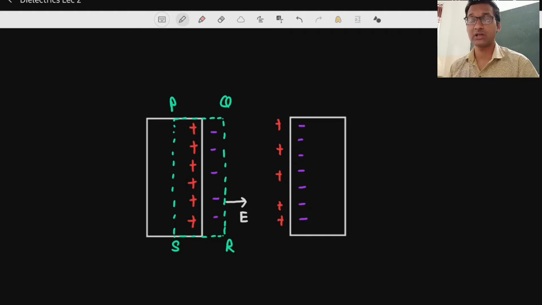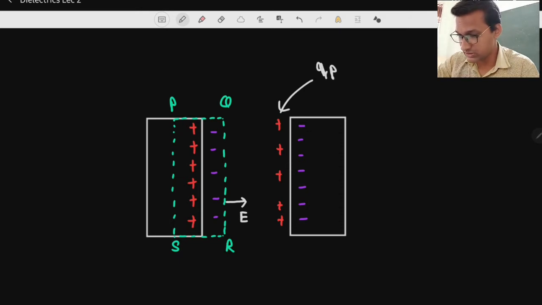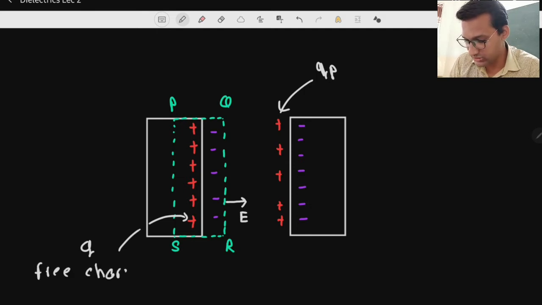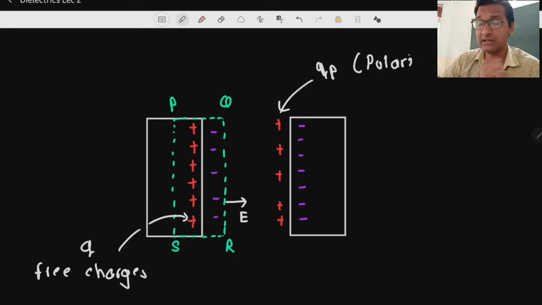The positive and negative charges are going to get separated. These separated charges are called polarization charges, denoted by QP, and the charges on the metal plate are free charges, denoted simply by Q. The charges developed on the dielectric are polarization charges.